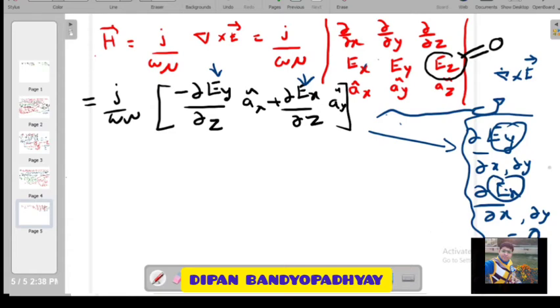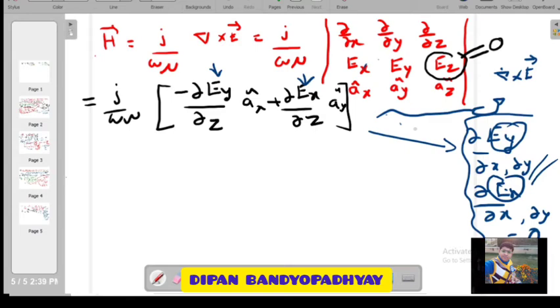This term will definitely come when you are calculating the determinant, and you need to put it 0. Then you will get this one. Now we just need to put the Ex and Ey values and you can calculate the H.